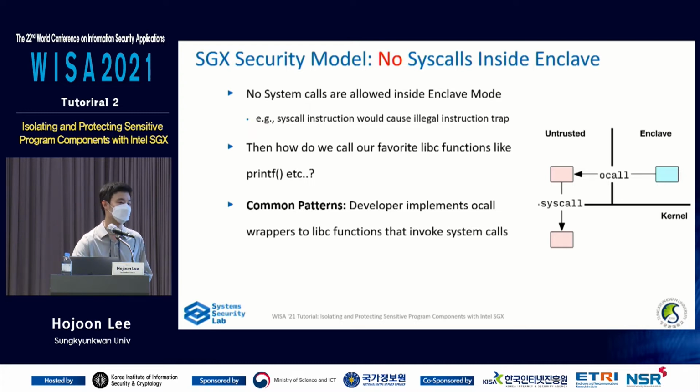This way, the enclave does not have any potentially dangerous system calls that can undermine the confidentiality of the enclave. We'll come back to this later with the demo. So again, you cannot call system calls inside the enclave, and you have to take a detour out to the untrusted territory to be able to reach the kernel.